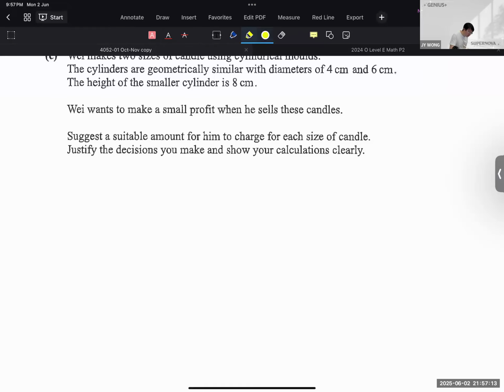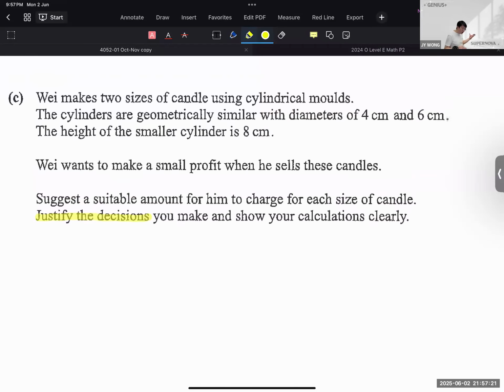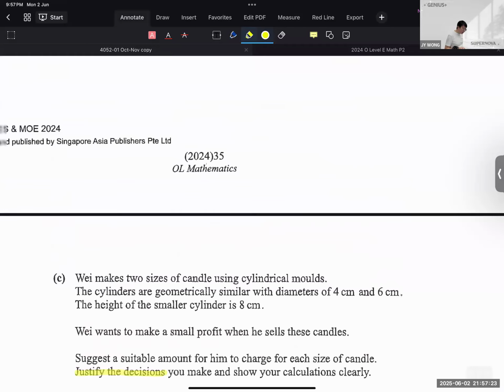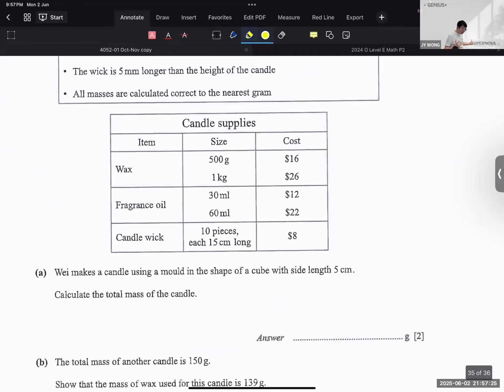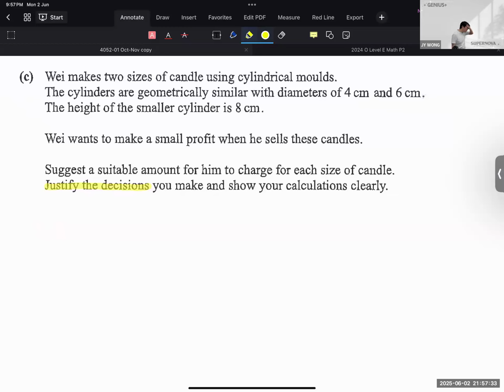That's why the question always says this, and a lot of students don't do this. When you decide to use a particular number, you need to explain to me why you decide to use this particular number. The question specifically asks you to justify the decisions that you made. Depending on the decisions that students make, they will end up with different answers.